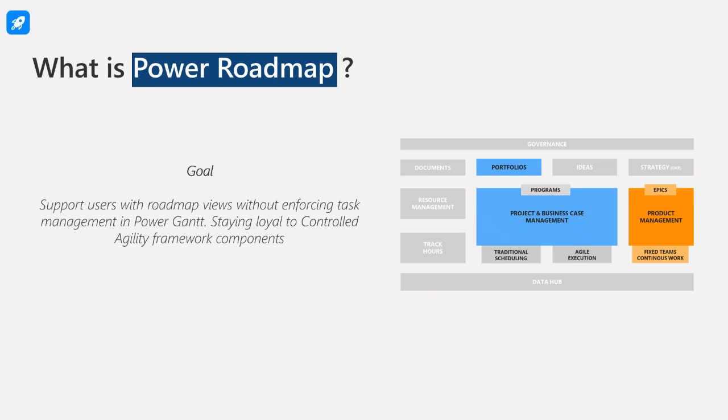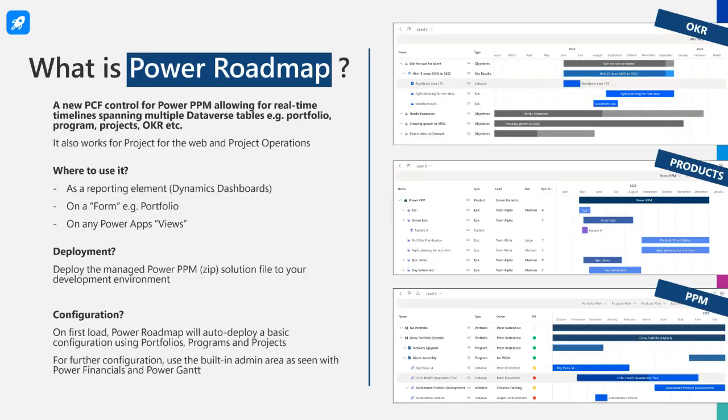So basically, as you're writing here, the goal is to support users with roadmap views without enforcing task management. So we want to see it on a bit more strategic level without enforcing that we need to plan everything in a very detailed manner. What does that mean? It basically means that it's a new, what we call a PCF control, which allows you to create real-time timelines.